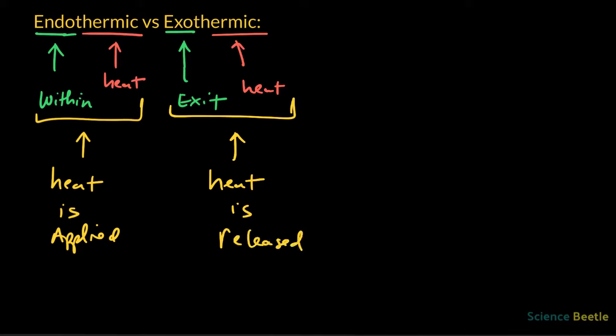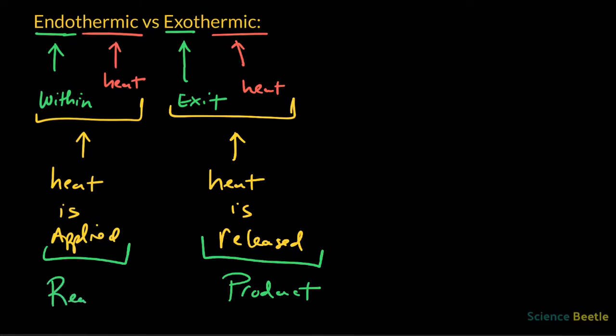And the main idea to think about these two concepts is if you're releasing heat, clearly this is going to be a product of the chemical reaction. And in terms of the heat being applied, this is going to cause heat to be treated as a reactant.